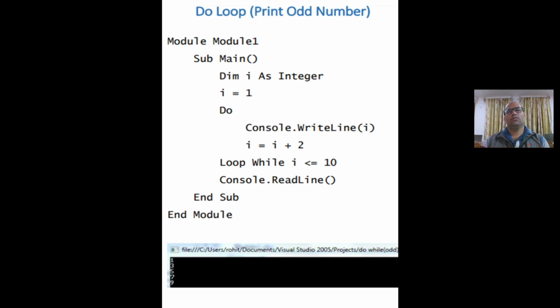After that, here we will declare I variable, which is integer type of data type. It's simply a declaration of variable: Dim I as Integer. After that, I equals 1.